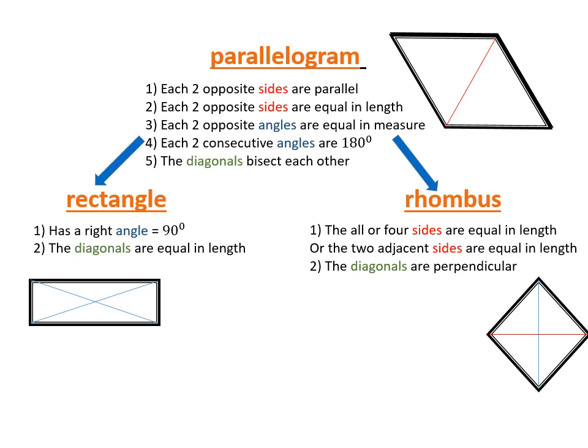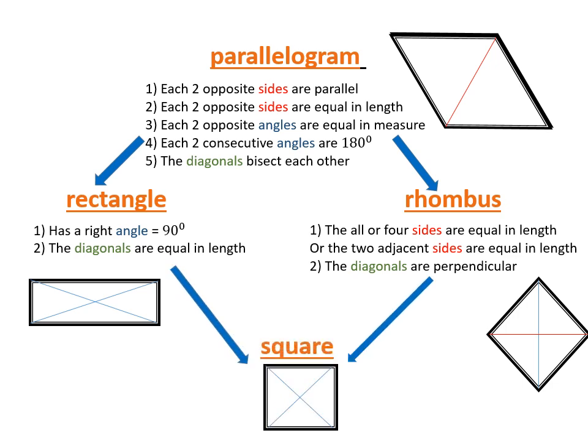And the last case, we have the square. The square is a rhombus, but it has a right angle. Or the square is a rectangle, but it has four equal sides. And the square is a parallelogram, but it has a right angle and the two adjacent sides are equal in length.